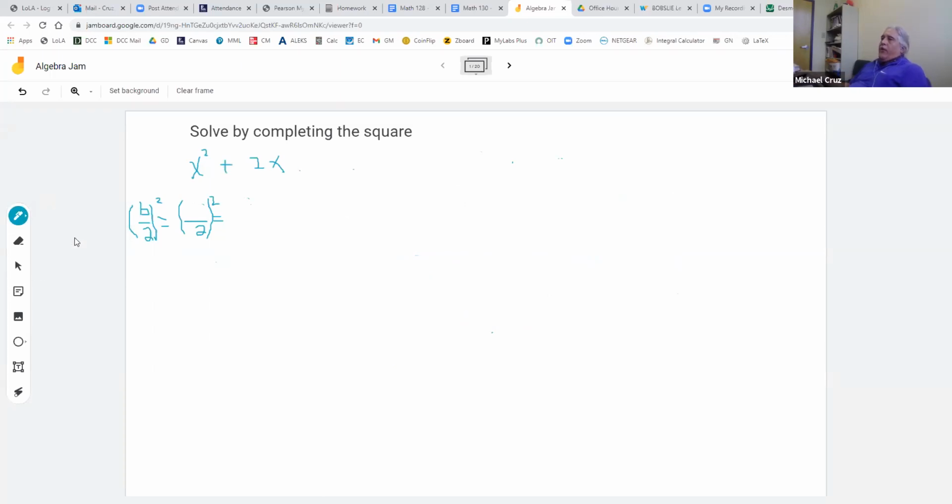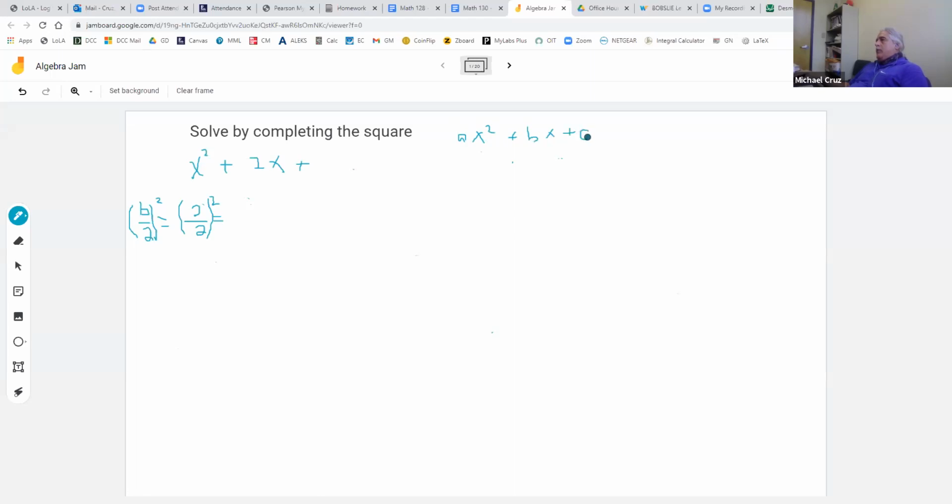All right, so the way that we find out what goes here is we take half of this. And the reason why we call it b is because of this thing. It's ax squared plus bx plus c.